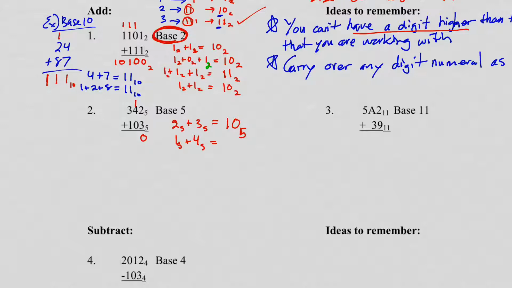So 1 plus 4, that's going to be 5 items, but in base 5 numerals, that's again one set of 5s. So we put our 0, carry the 1, and once again we have another 5, which came from 1.